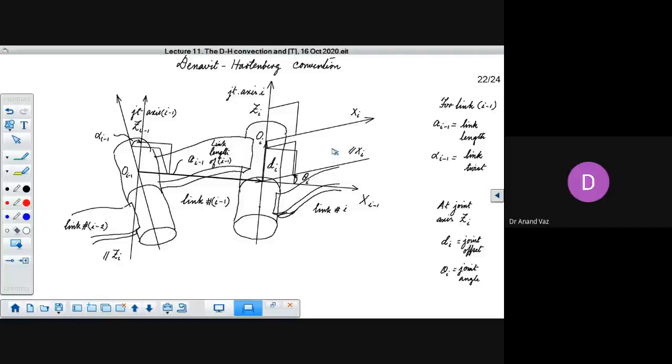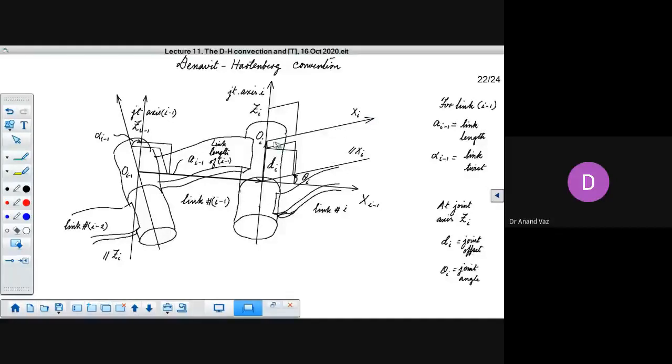And that's the reason why I have deliberately not taken this common perpendicular over here. I wanted you to come to a situation where, physically, the link i seems to be here, but the axis xi appears to be here.